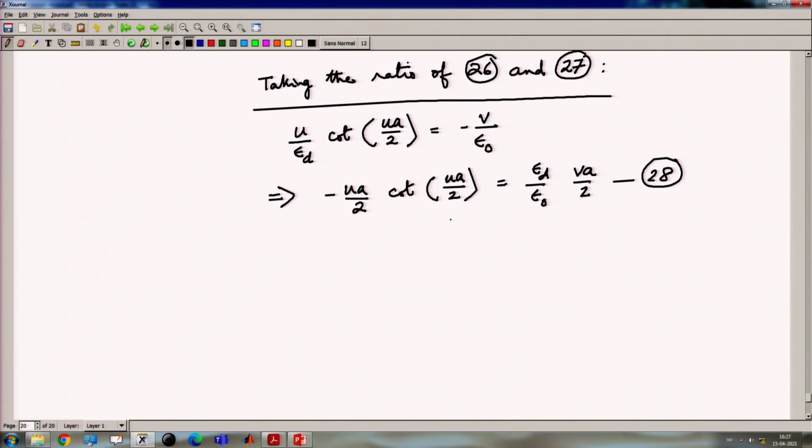So, equation 28 can be recast totally in terms of kz, replacing u and v, that will yield a single equation in kz from which kz can be obtained. This is the characteristic equation for determining the kz and the cutoff frequencies for the TM even modes.